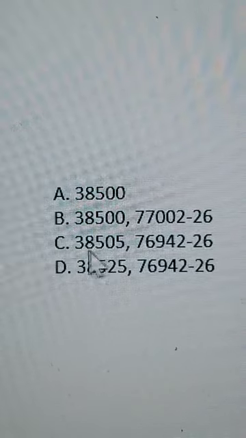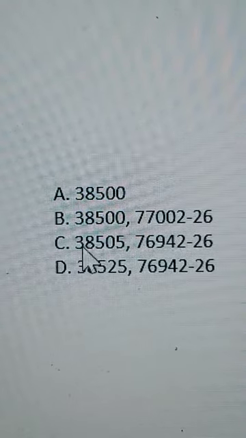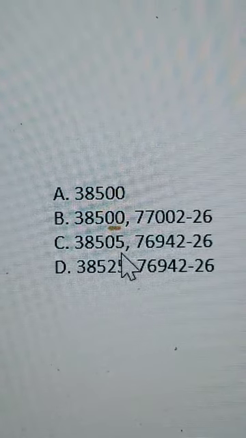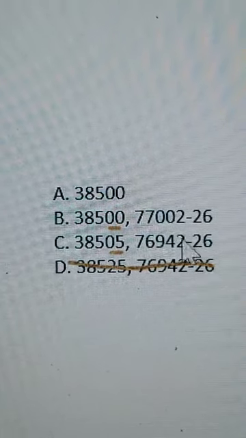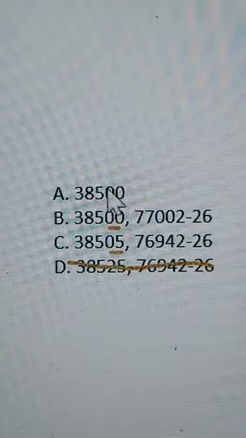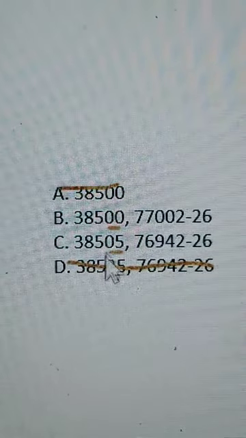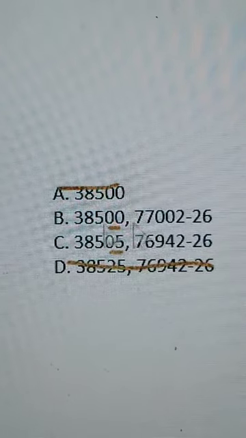The other thing that I like, because these have the same and they're so close, I would eliminate D and I would eliminate A because it doesn't have any radiology. But when I go look up the differences between these two codes, if it says it includes radiology, then I know A is my answer.